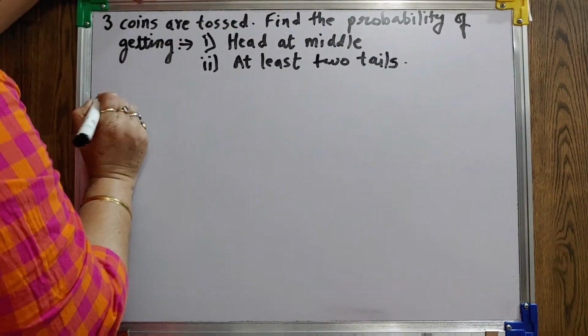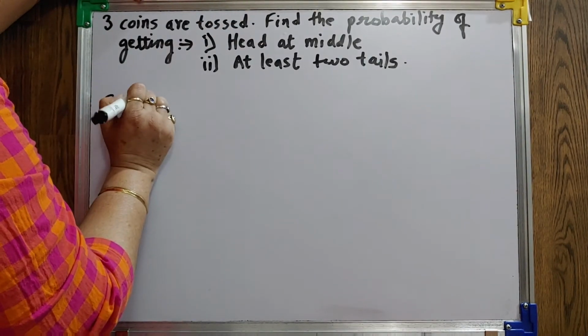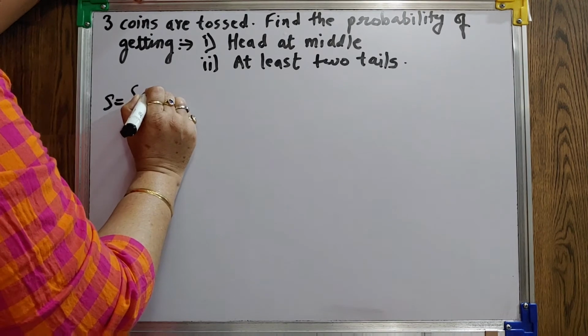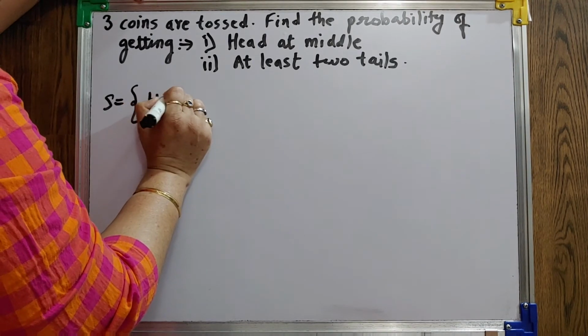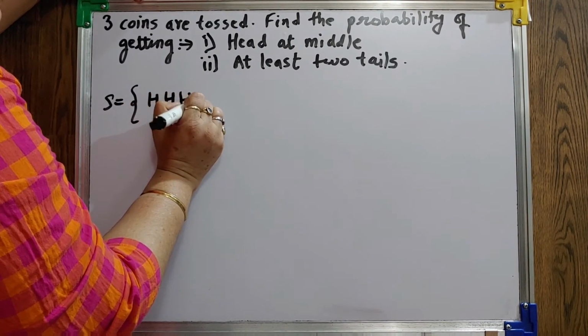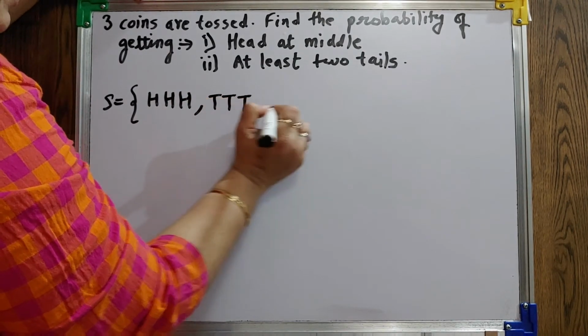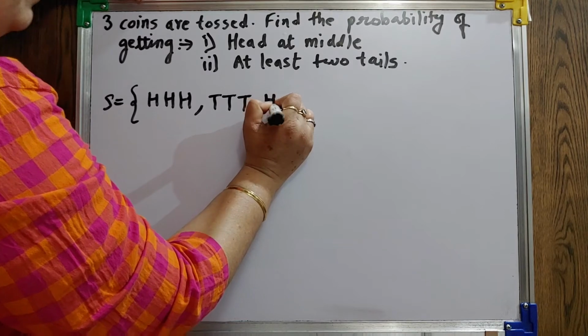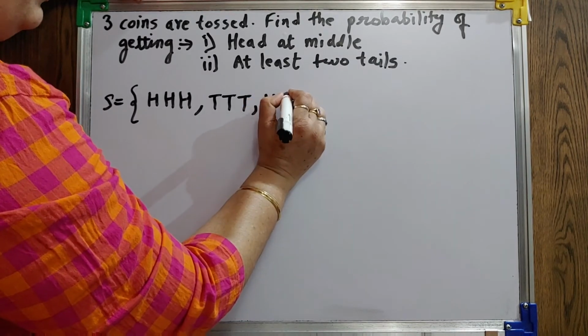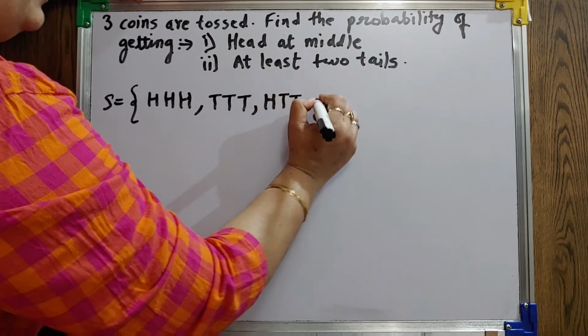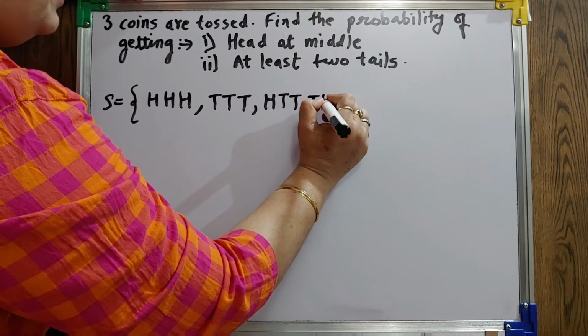Now, 3 coins are tossed. So first we will deal with the sample space. I may get all the 3 outcomes as head, then all the 3 tails. If I am considering the possibility with 1 head and 2 tails, then I will get this arrangement, 3 possibilities.